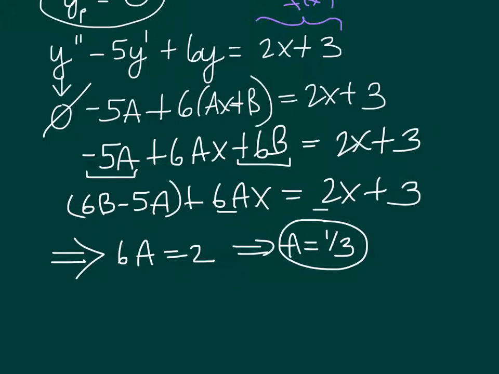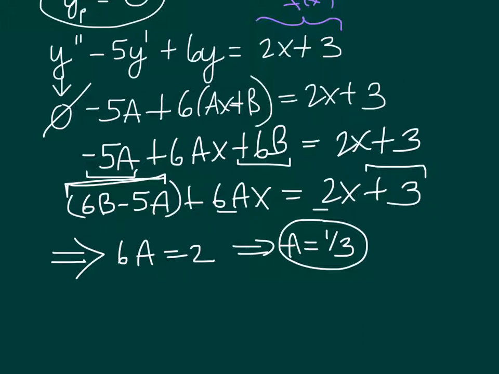This part is just a constant, there's no x in front of it. If this expression is equal to this expression, then the constant terms must be equal because there's no x in that case. Hopefully that makes sense. This is a lot of algebra rules and strategies.